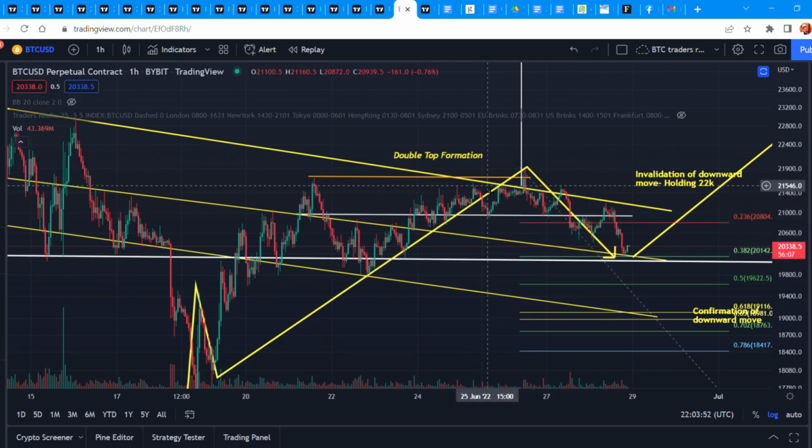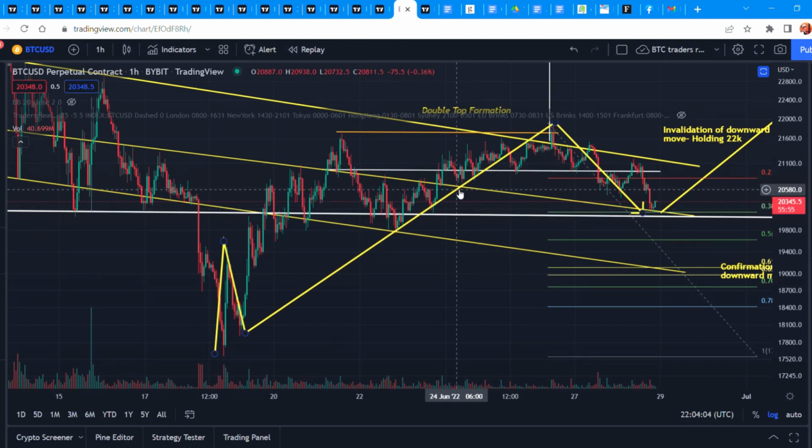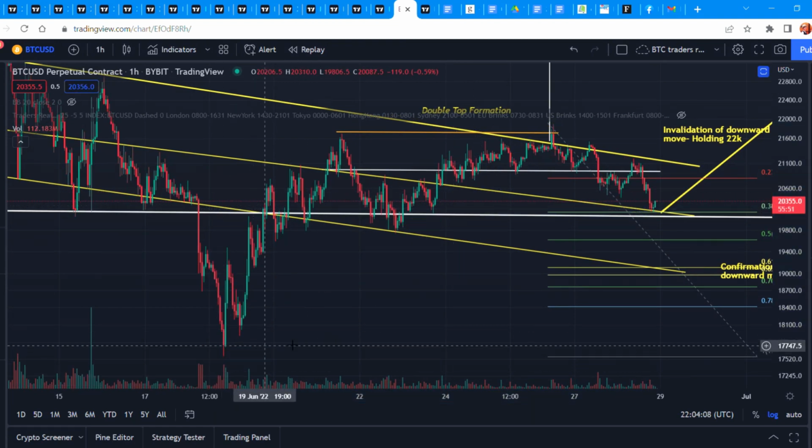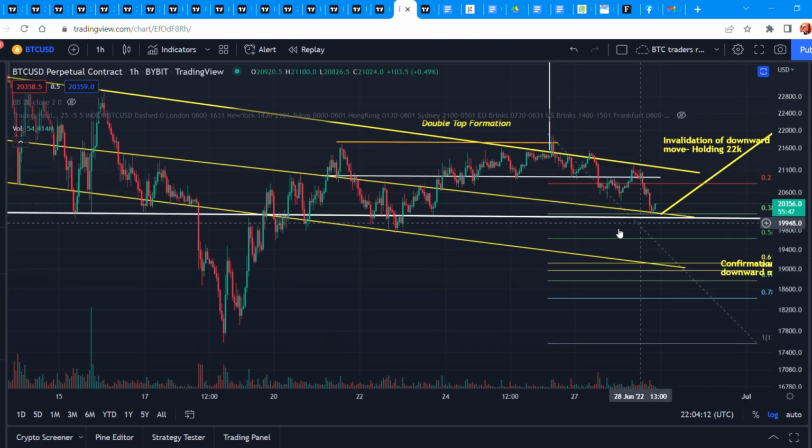It's very frustrating, and something like this happens before a big move. So right now I anticipate that something is about to move. Which way it's going to move, that's the big question.